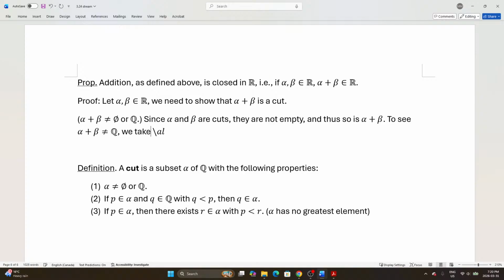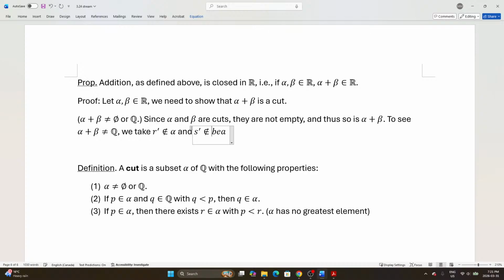We take some rational R prime not in alpha, and some rational S prime not in beta.